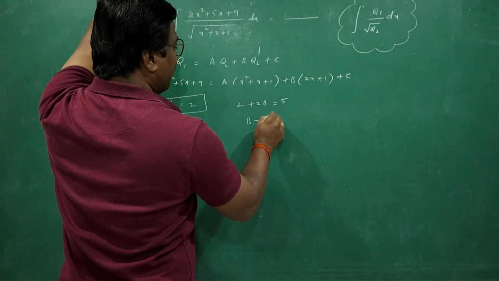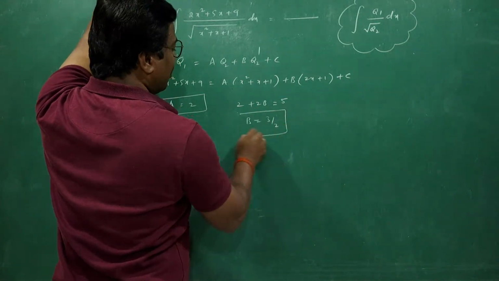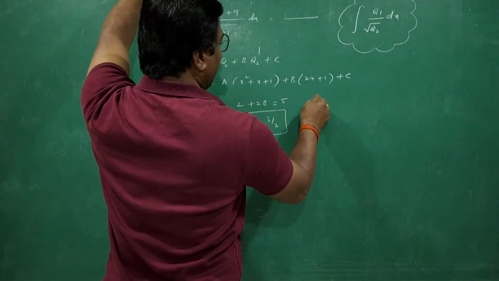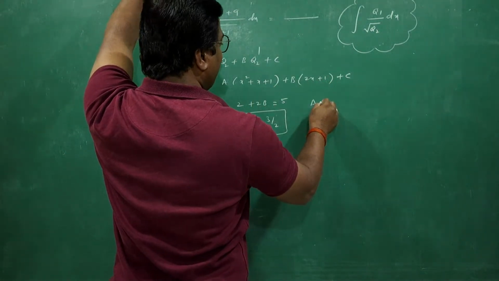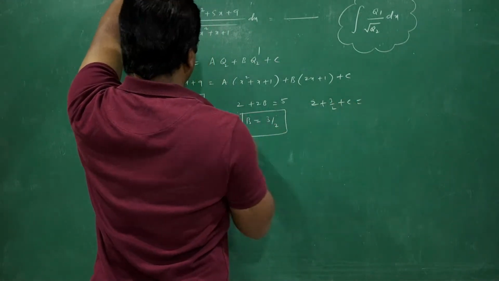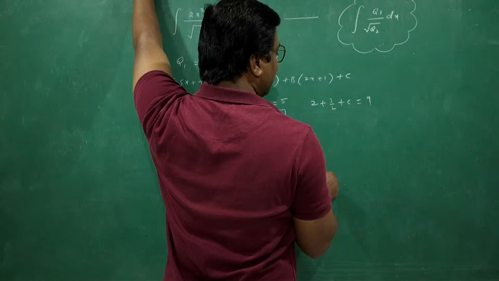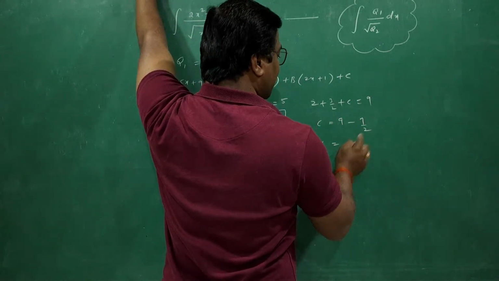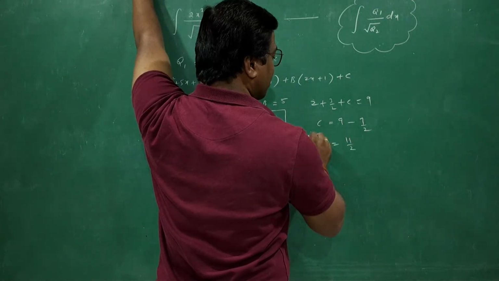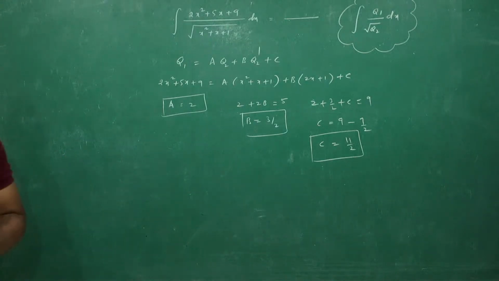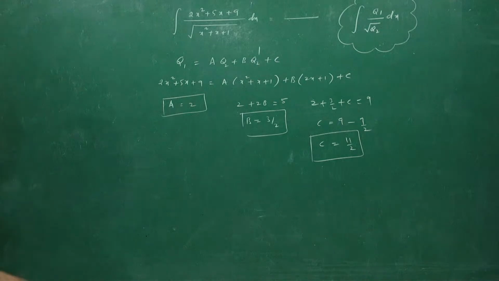Therefore, the value of b equals 3 by 2. Next, the constant: a into 1 plus b into 1, that is 2 plus 3 by 2, plus c, equals 9. Therefore, c equals 9 minus 7 by 2, so the value of c equals 11 by 2. I got c value 11 by 2, b value 3 by 2, and a value 2.